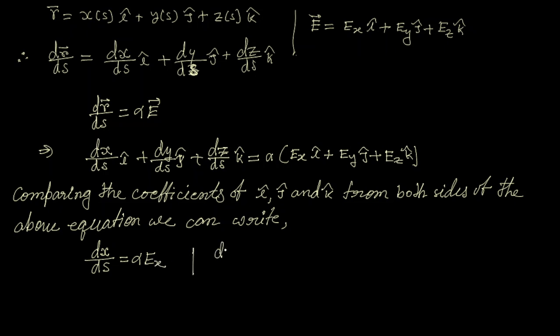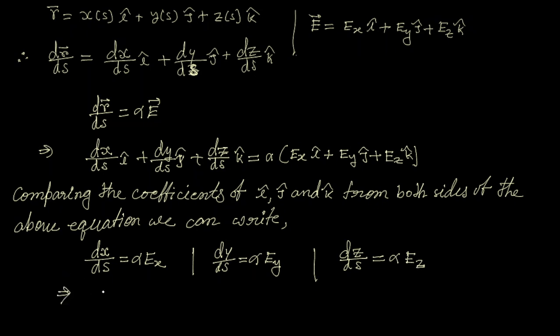Also we can write dy divided by ds equals alpha into Ey, and dz divided by ds is equal to alpha into Ez.